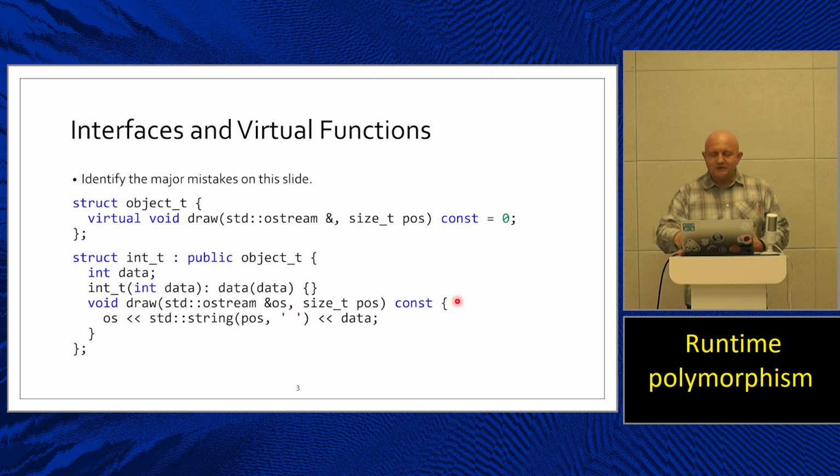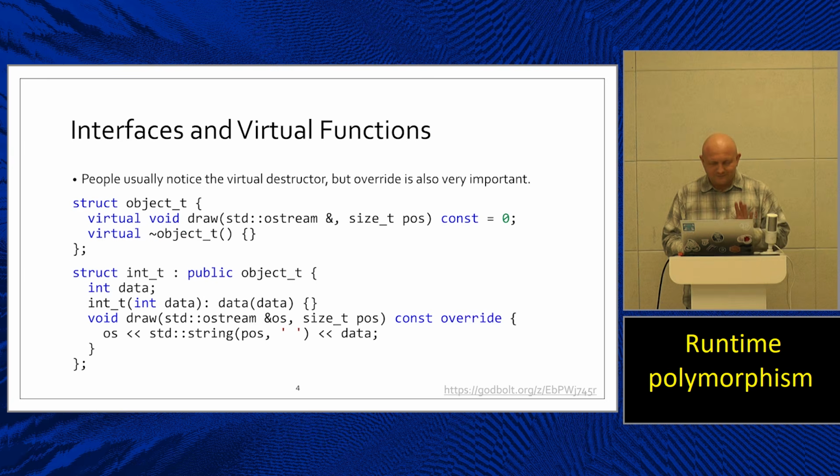Override is essentially a compile-time assertion: I really intend to override something. If I don't, fail the compilation. So yes, people usually notice the virtual destructor, but forgetting override is a classic bachelor-level mistake, and I hope you can point me to at least one more in the slide, but let's stop now. I will reveal it much later in the slides.